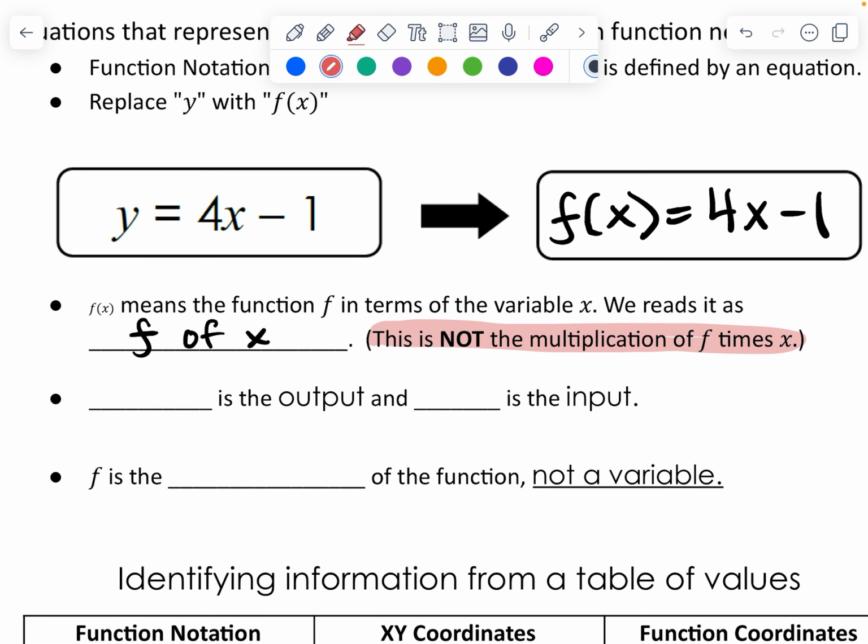So f of x is the output and x is the input. So f is the name, as I mentioned earlier, f is the name of the function, not a variable.